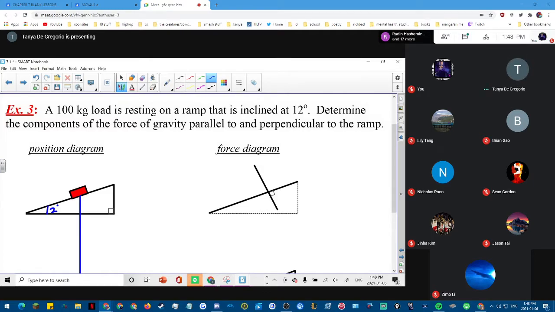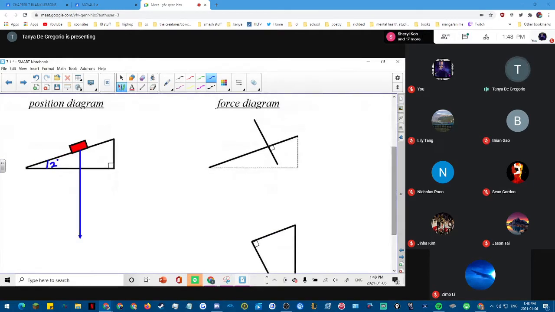So this blue vector here is my force of gravity. And I know that because it's pulling down on the load that's on the ramp. Then I would need a parallel and a perpendicular force. So here's a force parallel.